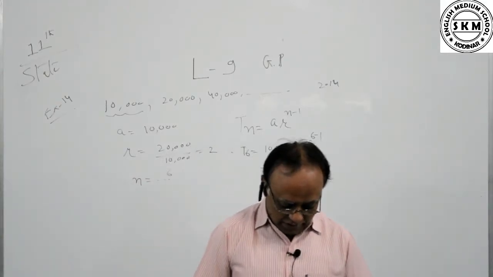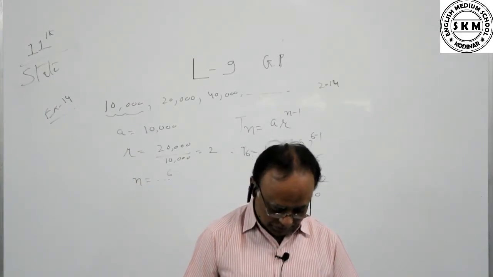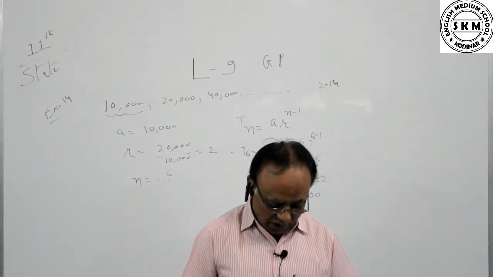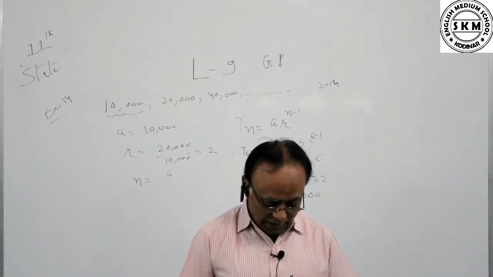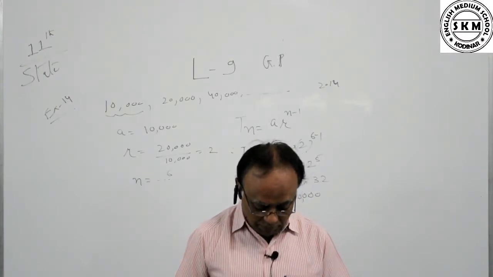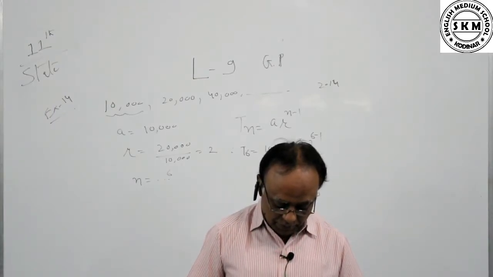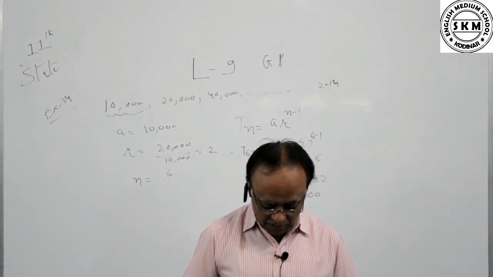Now next, illustrated example number 15. A water tank of a capacity of 50,000 liters is fully filled with water. There is the water tank and there are 50,000 liters filled.